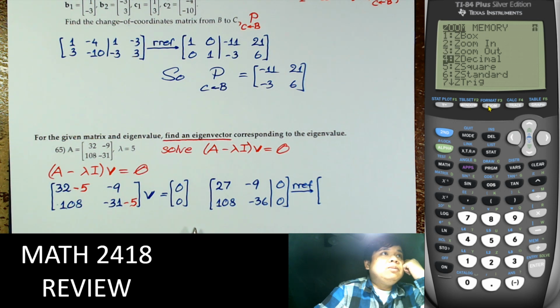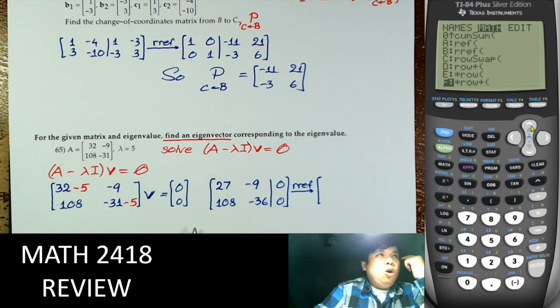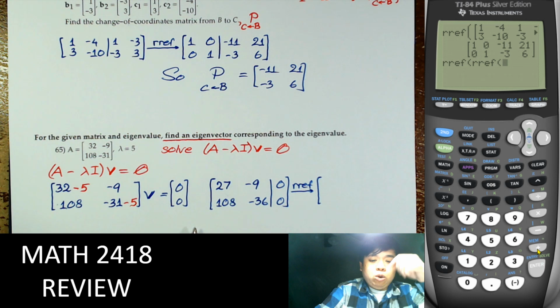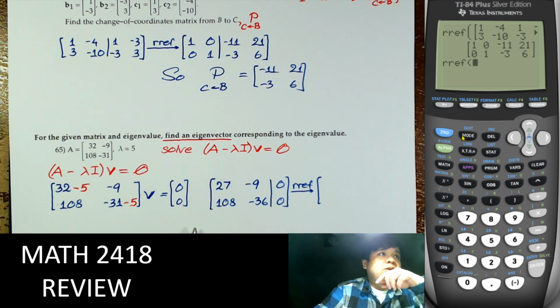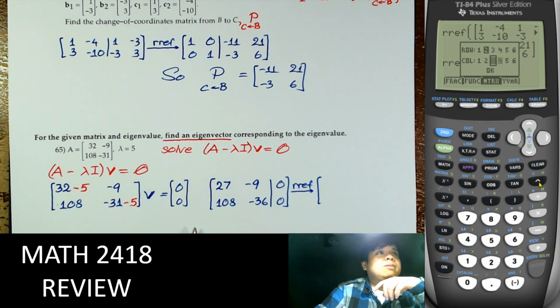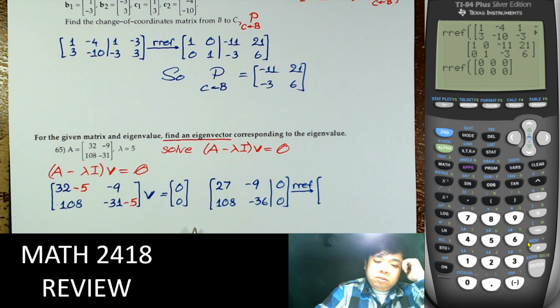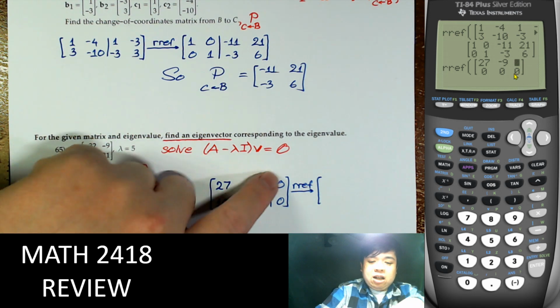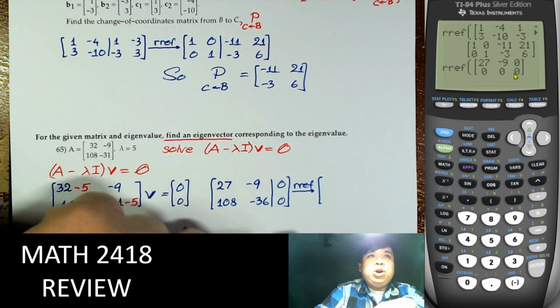Sorry. Because the homogeneous system of equations should have infinitely many solutions. That means we have to have a whole row of 0 at the bottom. We don't even need to use 0 on the last, because it doesn't matter what we do, it's going to be 0 anyway.